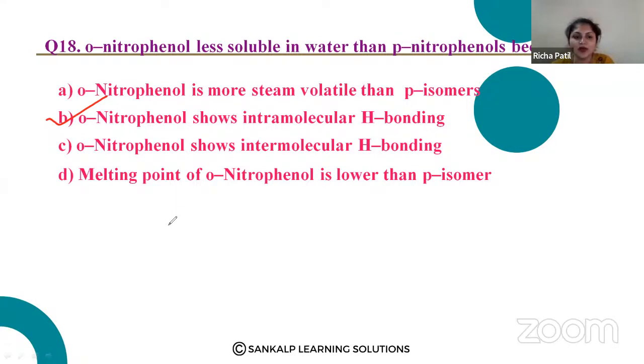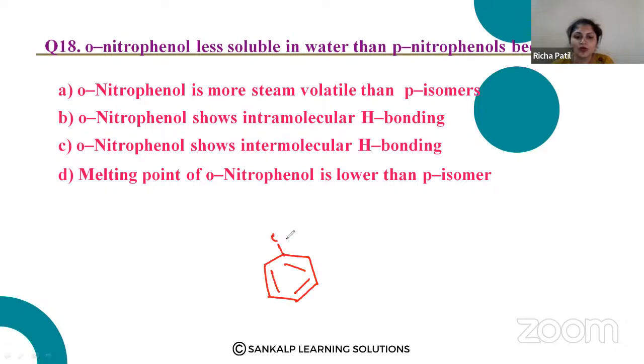So just see how ortho-nitrophenol will show it. What is the structure of ortho-nitrophenol? So it is oxygen, OH.